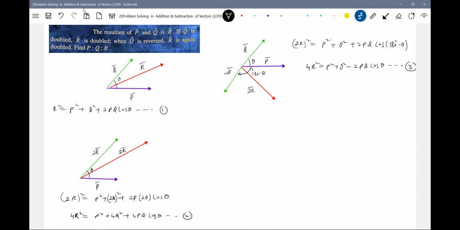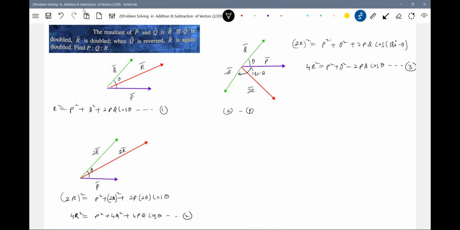These 3 equations will prove it. I'll go for 2 and 3. Let me subtract equation 2 minus equation 1, so that P square I can eliminate. Now it's totally mathematics.